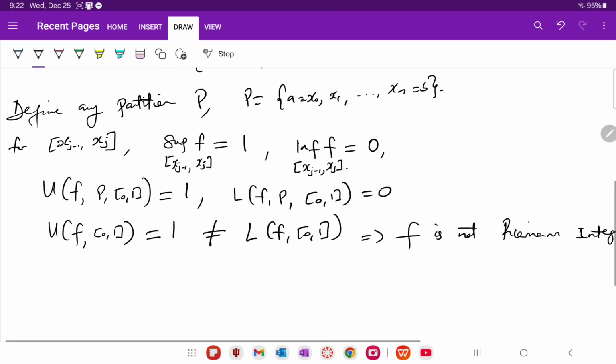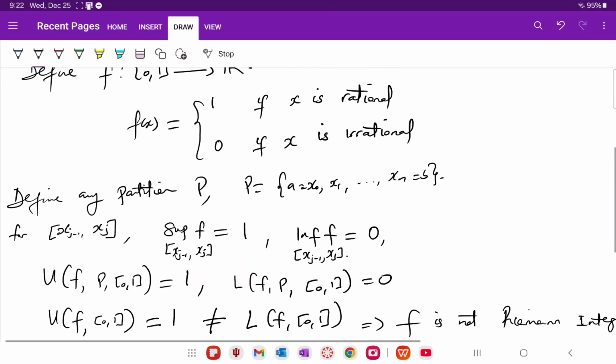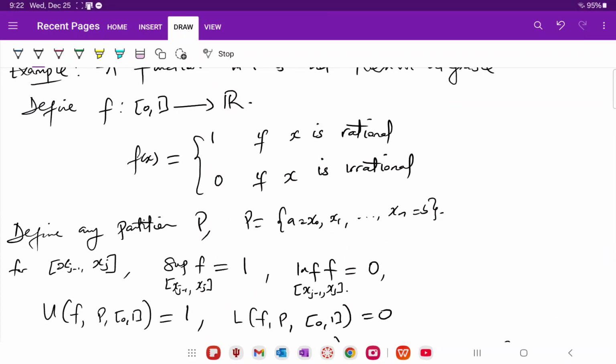However, later on, we know that this interval [0,1] contains far fewer rational numbers than irrational numbers, and the integral of this function is supposed to be 0. Why?